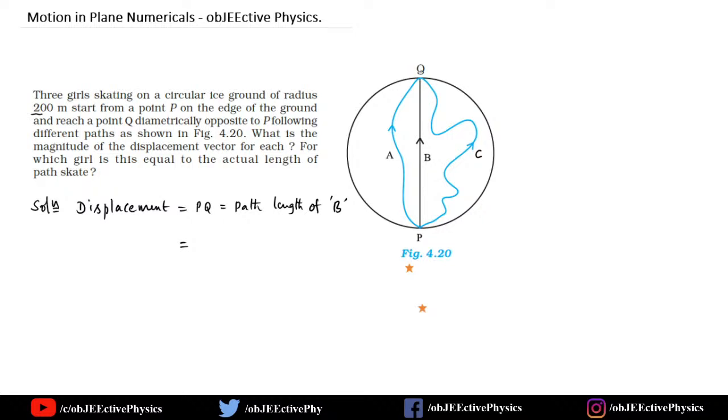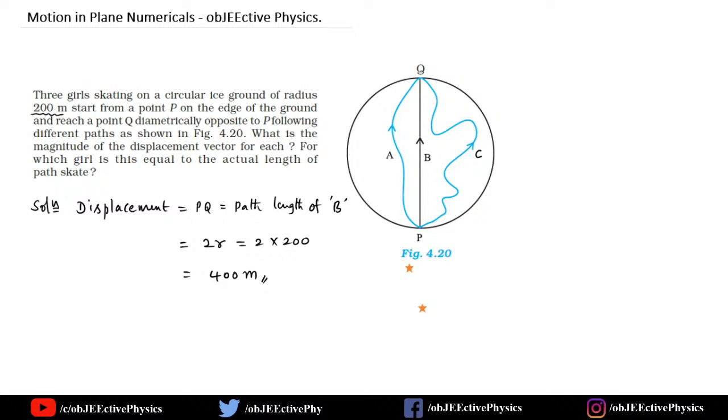See in the question 200 meters is given as radius, so therefore 2r is the shortest distance or path length for B, that is 2 into 200, which is equal to 400 meters. 400 meters is the shortest distance between the final position and initial position, or it is also called displacement. And this displacement is same for all the three girls, A, B and C.